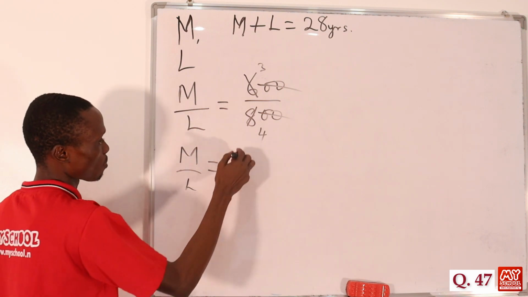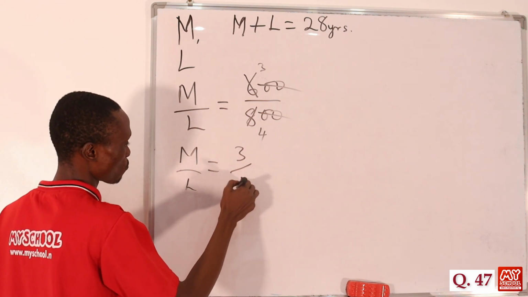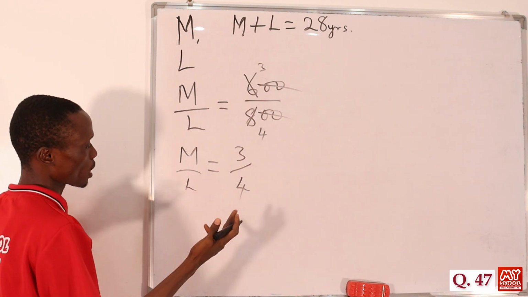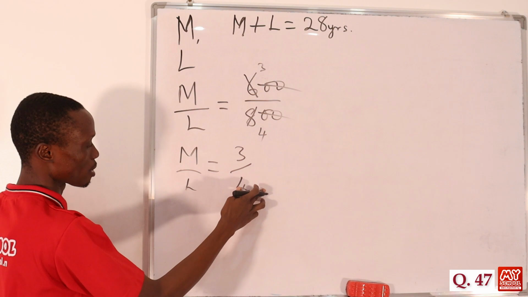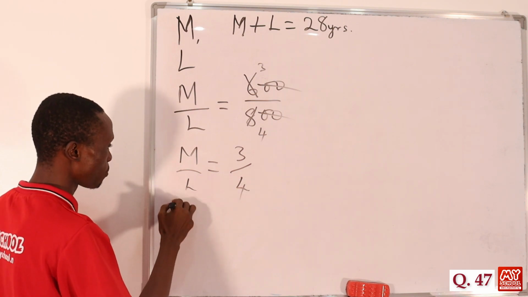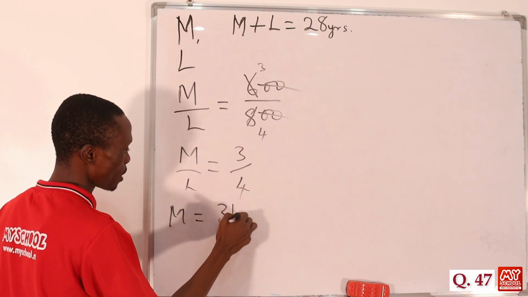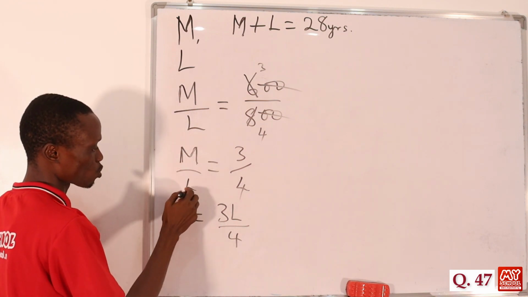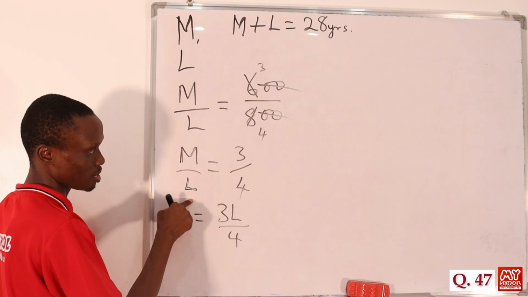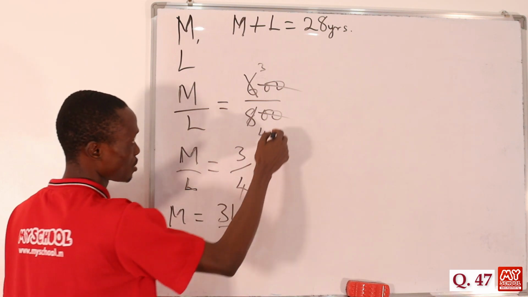So we now have 3 over 4. Now, we can make M the subject of formula here. So M is equal to 3L over 4. We are making M the subject of formula because we are solving for Musa's age. So that is the best thing to do.